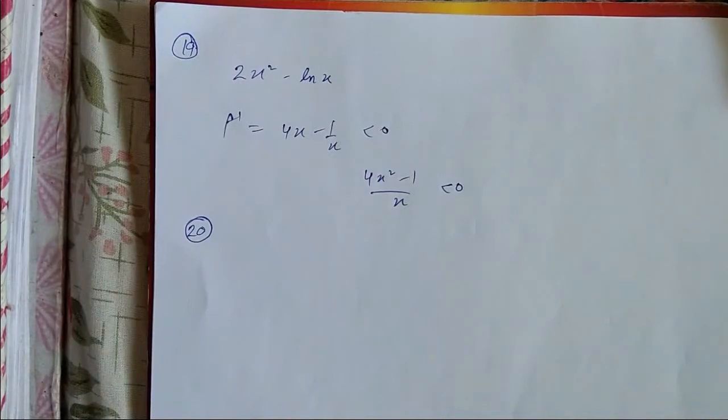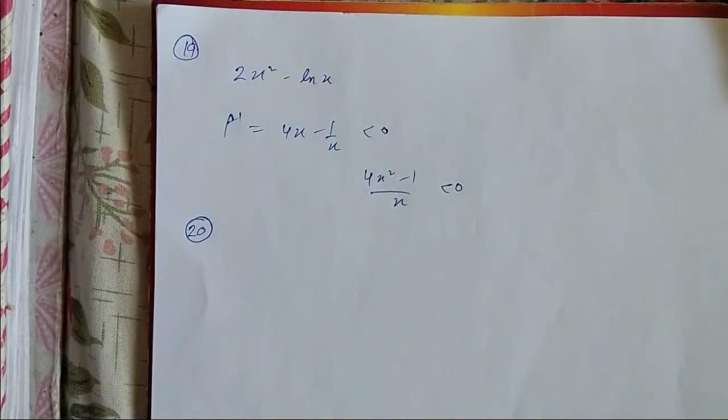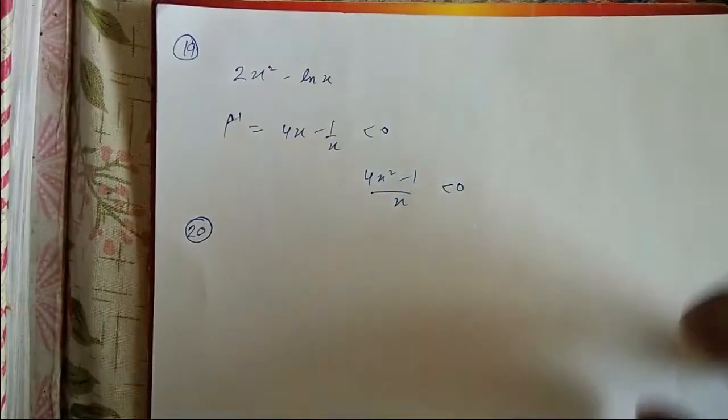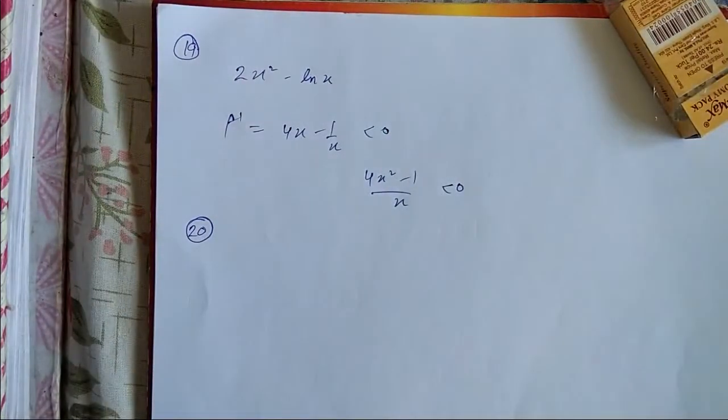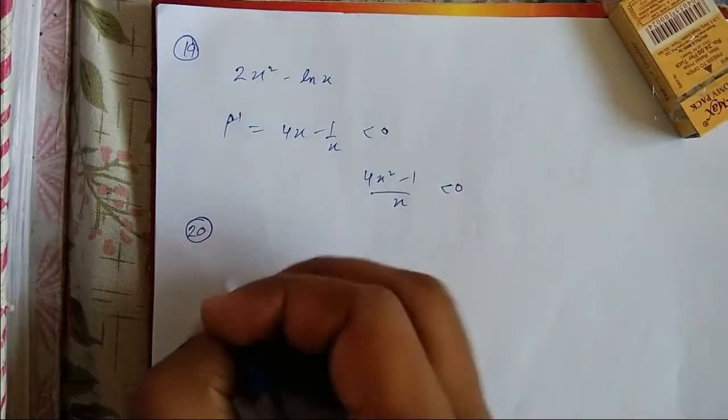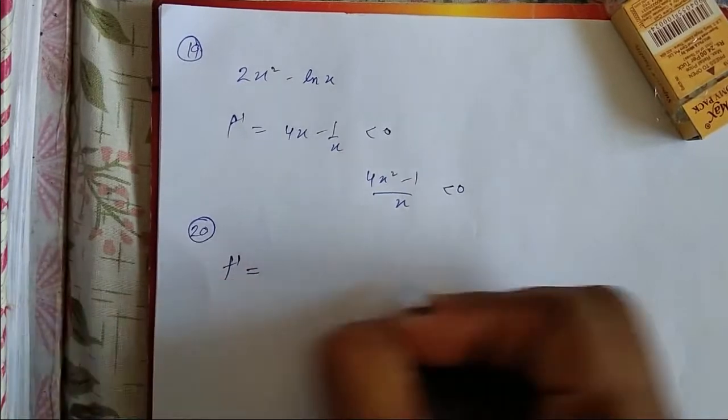Moving to the next question, question number 20. If fx is equal to x by sin x and gx is equal to x by tan x, then in the interval 0 to 1, we need to comment on the increasing and decreasing nature, so we need to calculate f dash and g dash.